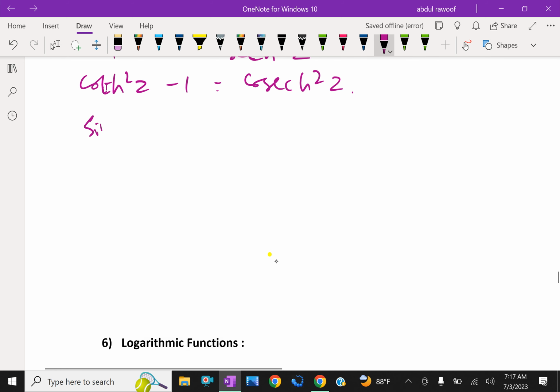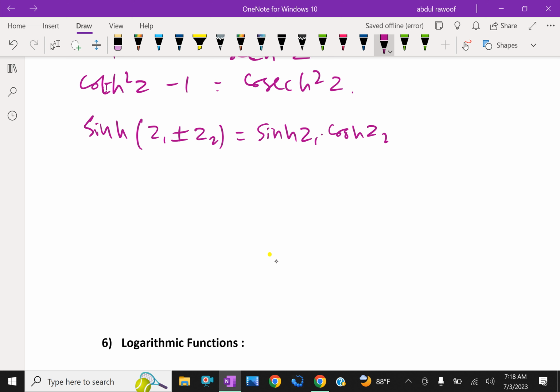Sin h of z1 plus or minus z2 equal sin h z1 cos h z2 plus or minus cos h z1 sin h z2.